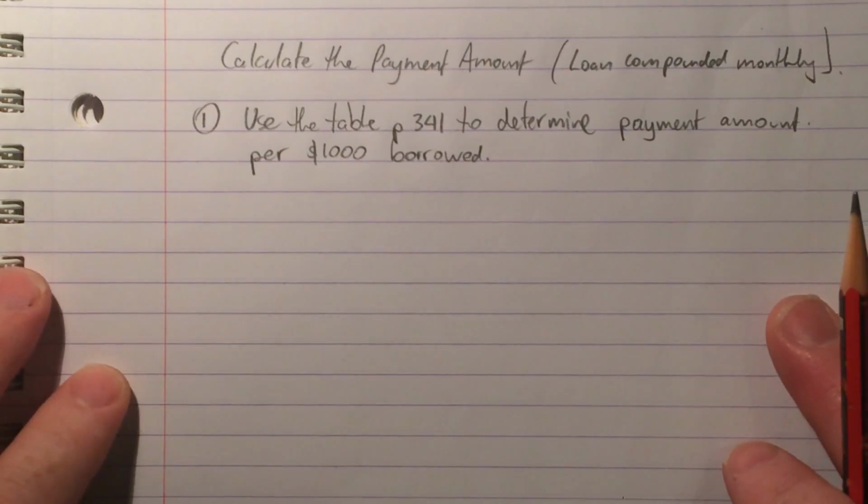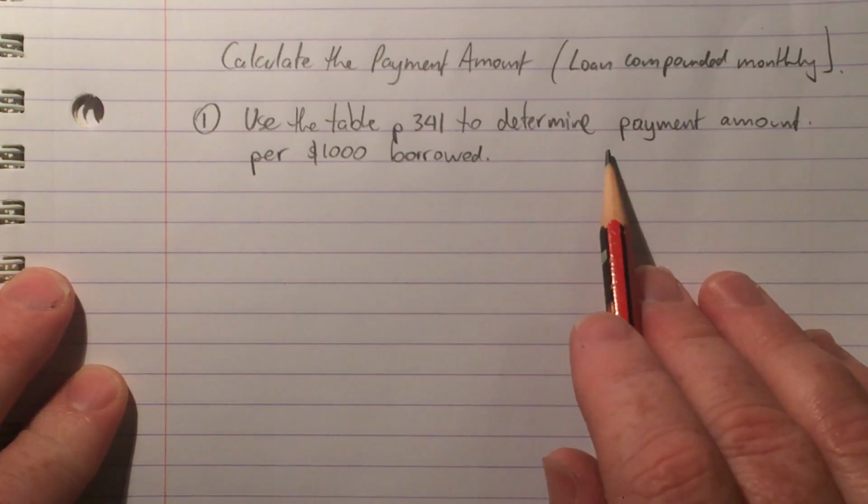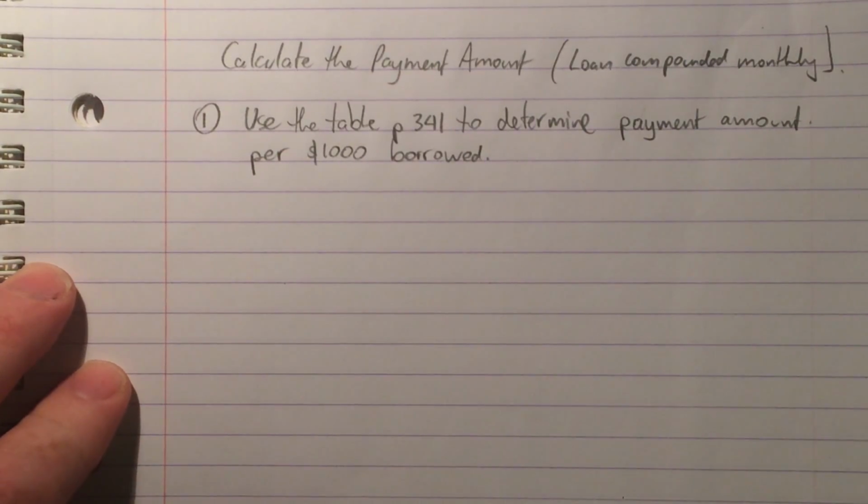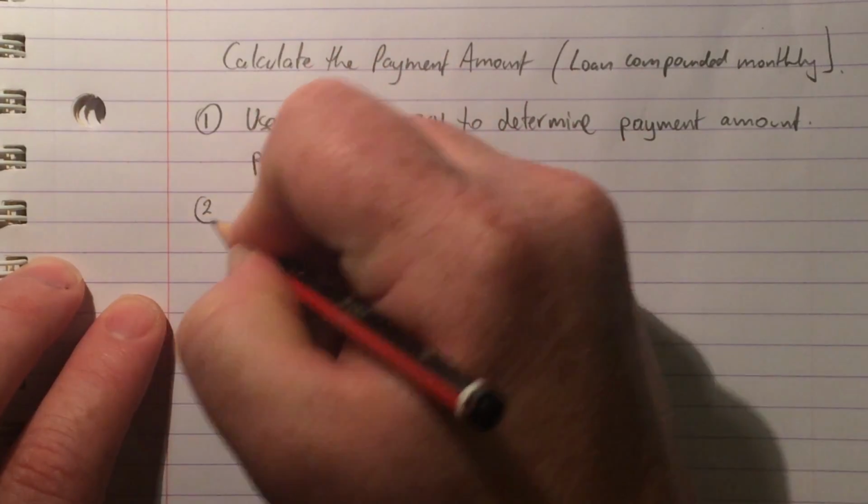So step 1 is to work out the payment amount per $1,000, and we do that using the table.